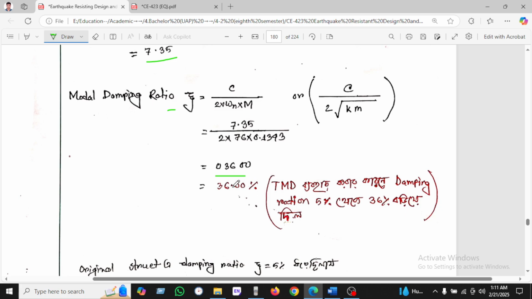So you can see if we use a TMD, the damping ratio is increased from 5% to 36%.